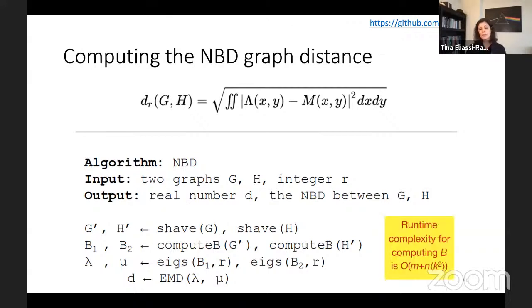And the runtime complexity of computing the non-backtracking matrix is O of m, which is the number of edges, plus n, which is the number of nodes, times the second moment of the degree distribution. So that's what that k squared is. Now, if you give me the graph in other forms, I can even reduce the runtime complexity of finding the B matrix.